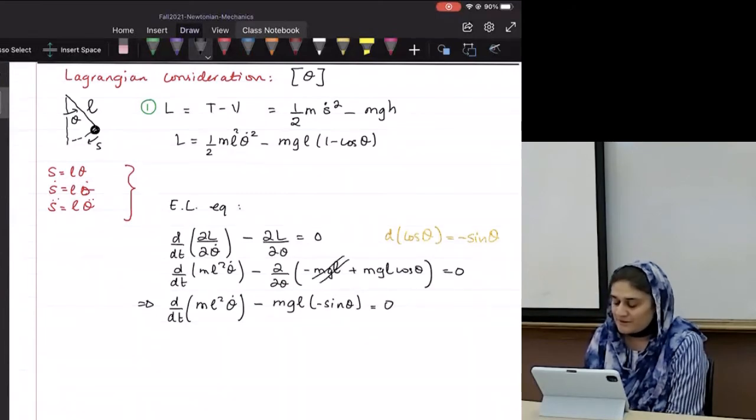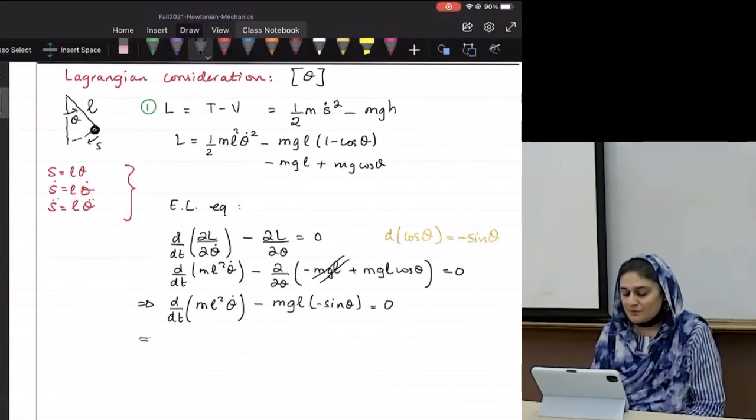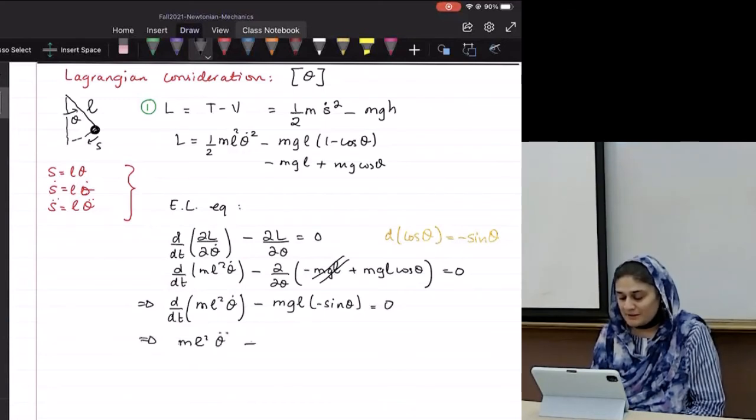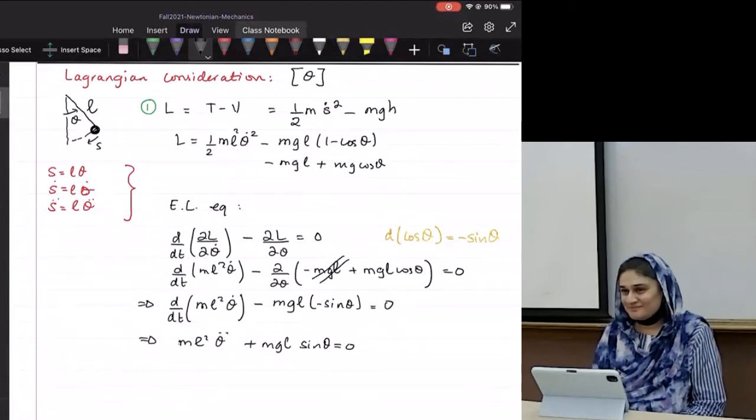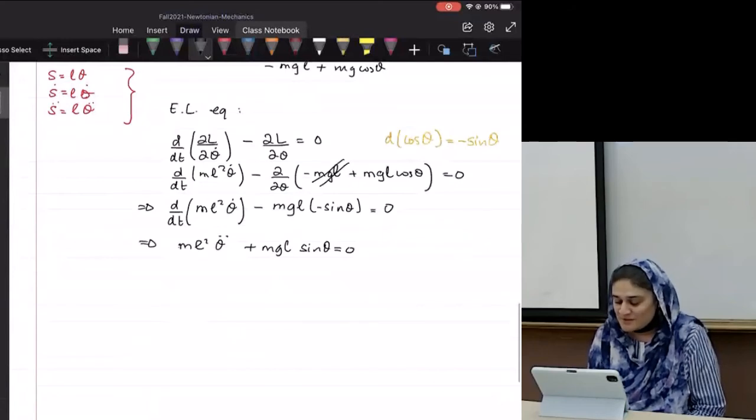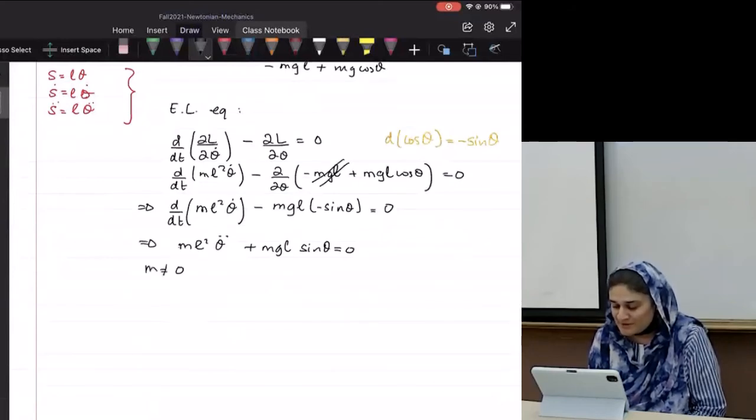That one goes away because there's no theta in this. So then this would be m l squared theta double dot plus m g l sine theta equals 0. So this means m again cannot be 0, L cannot be 0.